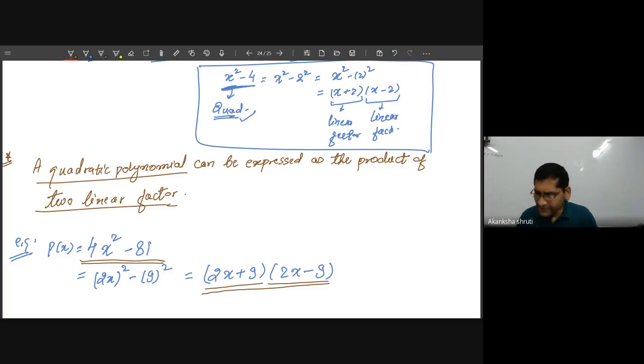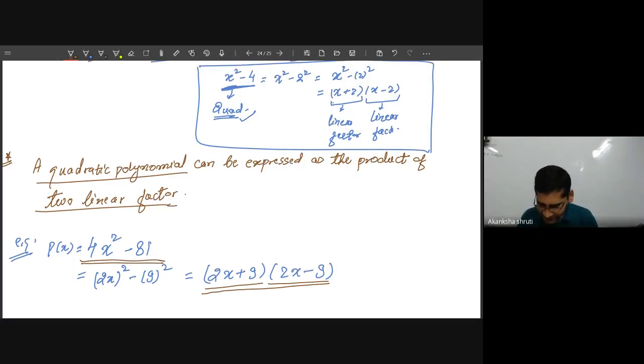But this is applicable only for quadratic polynomials of the form a square minus b square. If it is not a square minus b square, then how do we get it? At that time, there is a general method called the factorization method. Okay, students?